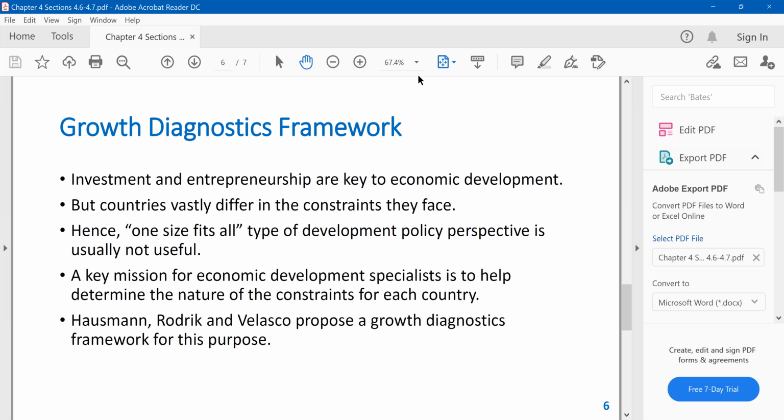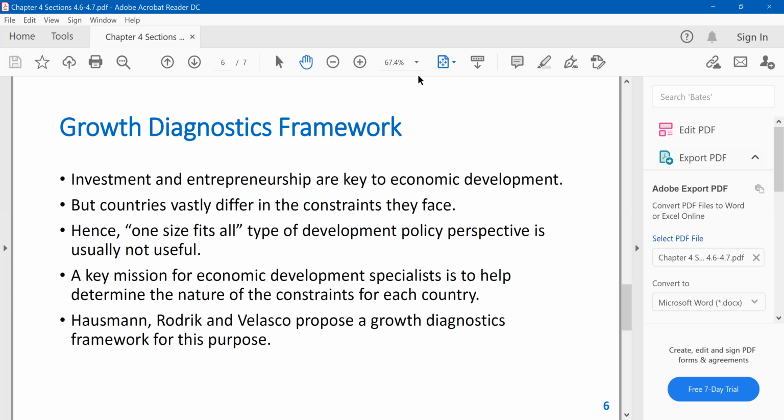So then how do we diagnose problems, right? Because as the saying goes, one size does not fit all. All right, so I can tailor this very nice suit, but that suit would not fit all the persons, right?